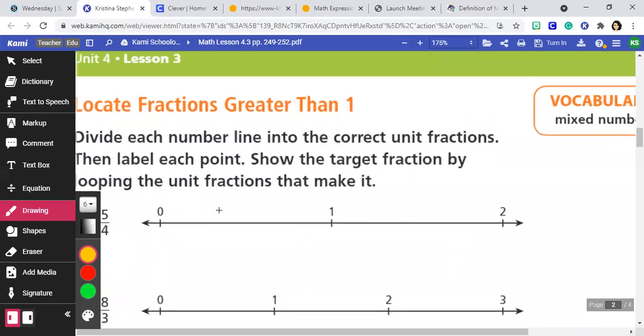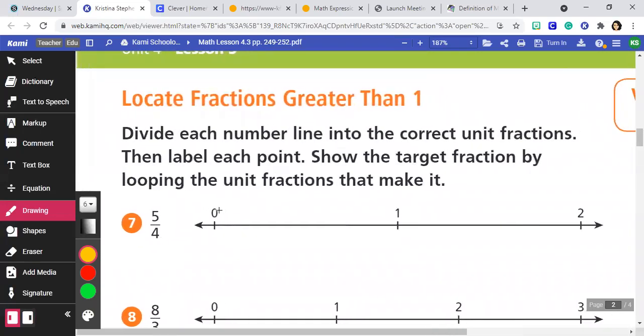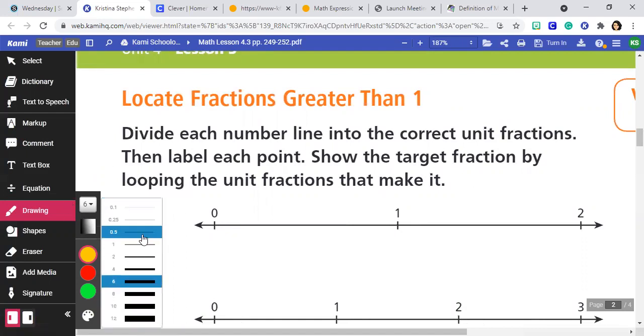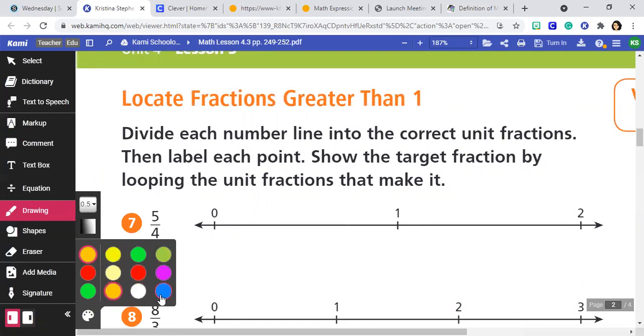So let's look at number 7 to see how this plays out here. My denominator tells me that there are 4 equal parts in between 0 and 1. So I'm going to change that. I am going to make 4 equal sections between 0 and 1.